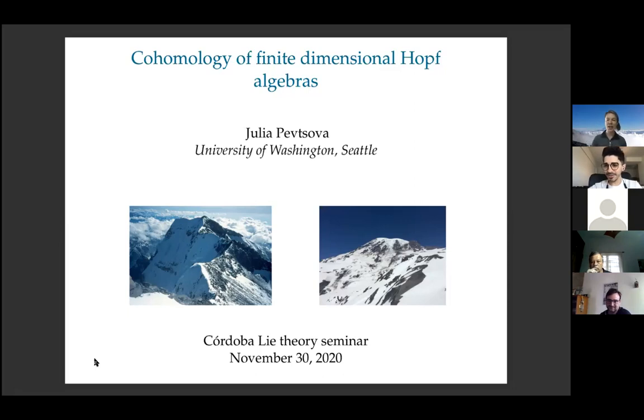I usually ask a question about the pictures, so I put pictures in my slides. Is the left one Aconcagua, isn't it? Yes, on the left. You guys probably could guess what's on the right.